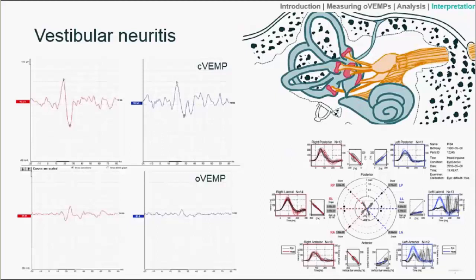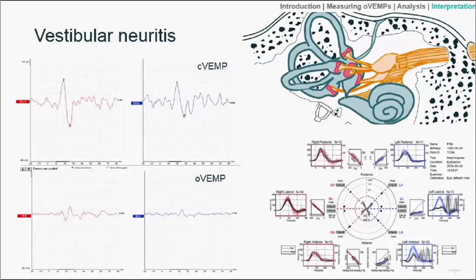This is a patient with left-sided neuritis though, and so when we turn our attention to the oVEMPs in the lower trace, while the oVEMPs on the right ear, the unaffected ear, are preserved, the oVEMPs on the left ear, as conveyed by the superior branch of the nerve, are either reduced or absent altogether.